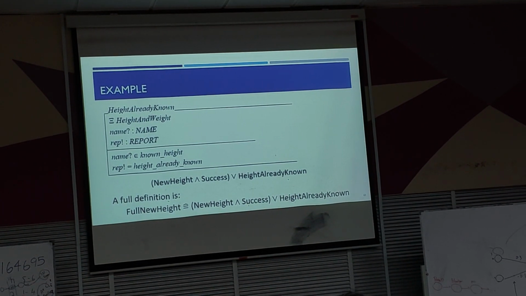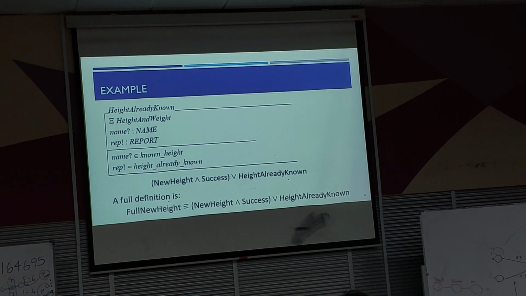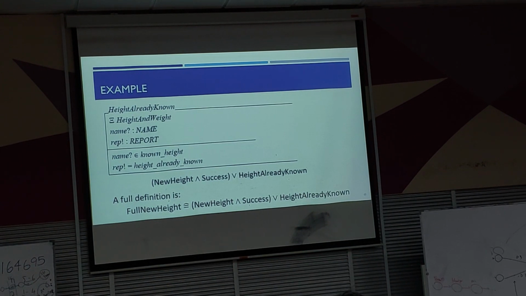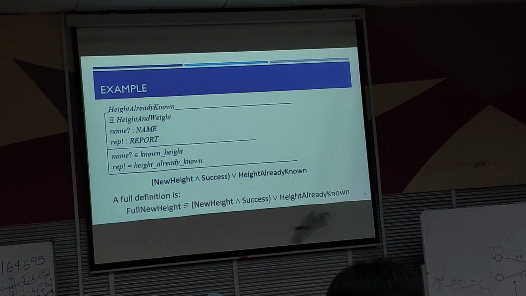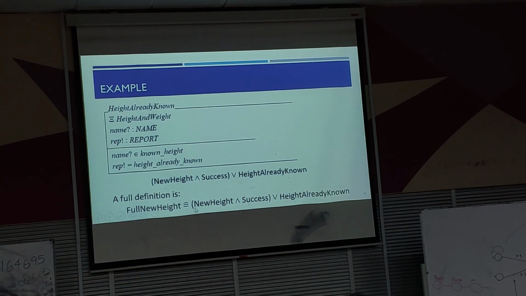Complete schema will be a combination of your success schema and error scenario. But this combination cannot be conjunction, because it is either one, whether success or unsuccessful. That means you have to use the disjunction symbol. So when you do your complete schema, you are going to use one symbol called schema definition.